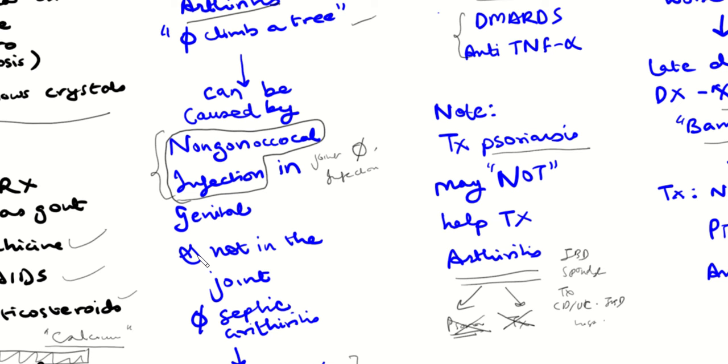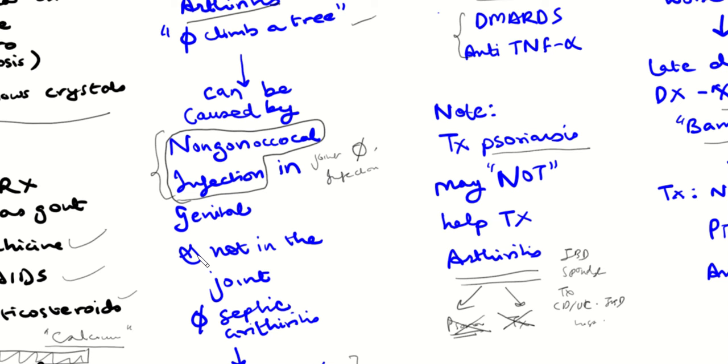However, it can be caused by a non-gonococcal infection in the genitals, anus, or mouth, in areas where there has been contact, where one can get STDs. So it's not in the joint, it's in those areas.